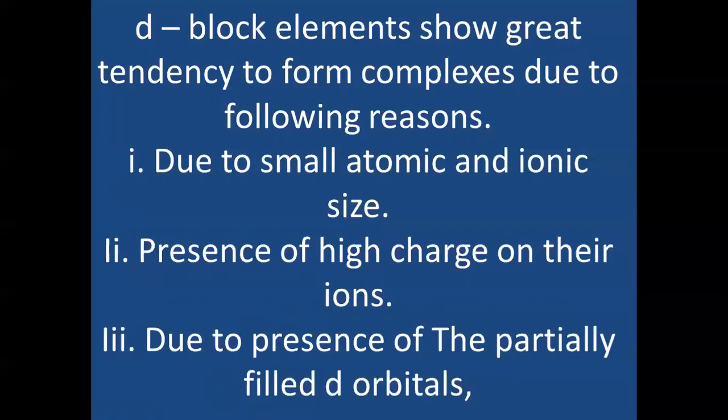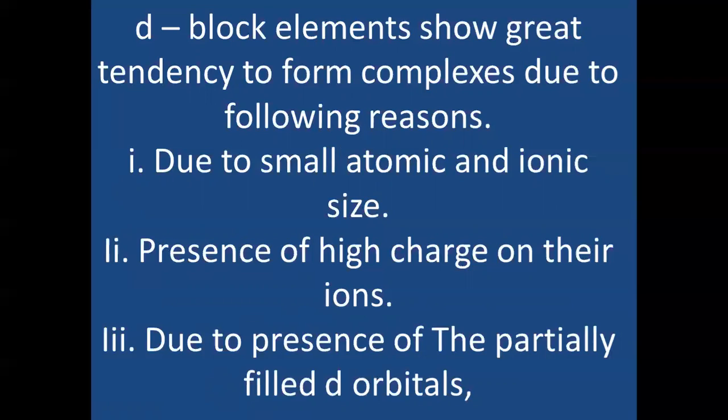The third reason is the presence of partially filled d orbitals. Most of these ions, which are ions of d block elements, are partially filled. Why? They are not completely filled.